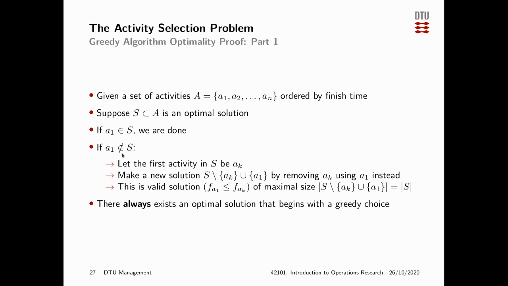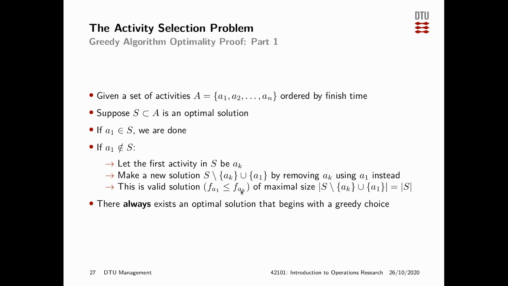So if the first activity is not part of S, we denote the first activity in S as activity K. We're going to make a new solution by removing activity K from S and putting in activity 1 instead. This must be possible since A1, activity 1, is the activity with the earliest finish time.